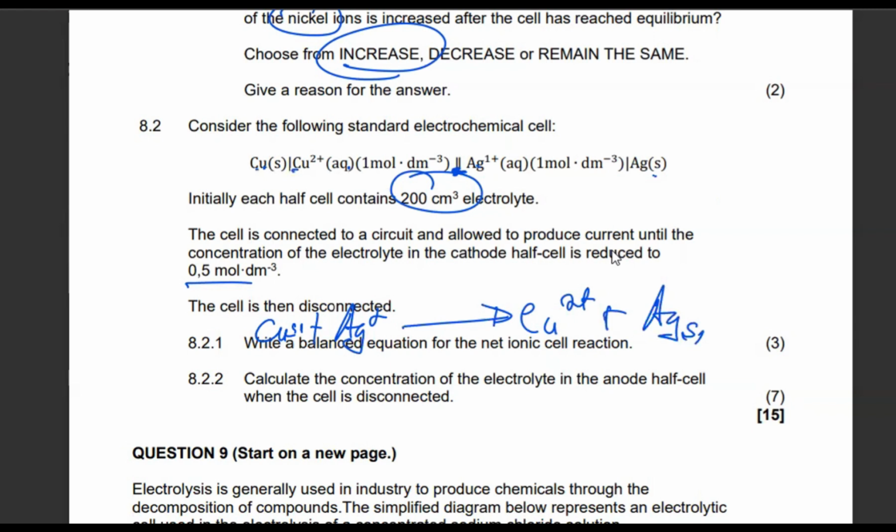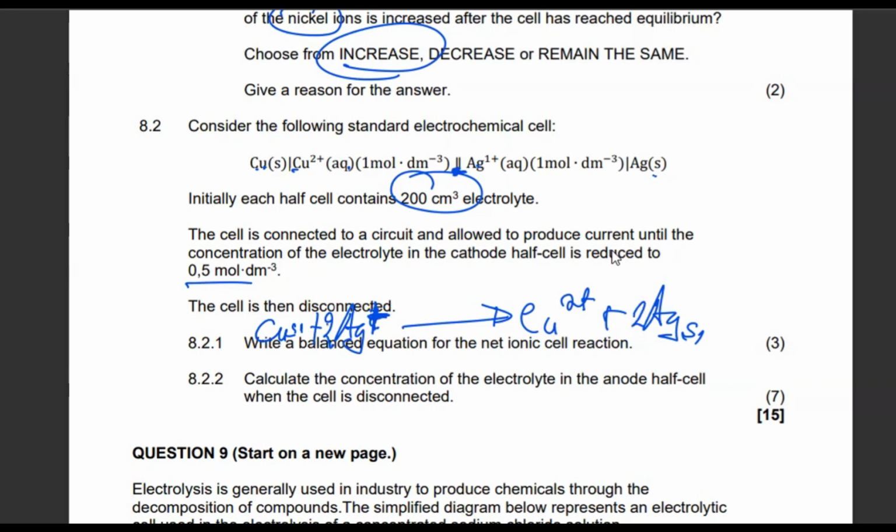But is this balanced? Copper 2+ is 1, silver is 1, so I will put 2 here and also 2 here, so that 2 times 1 gives you 2 positive charges.